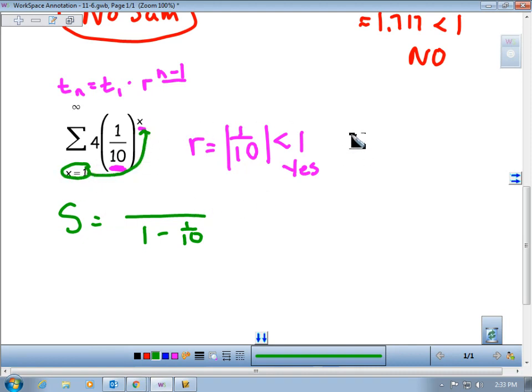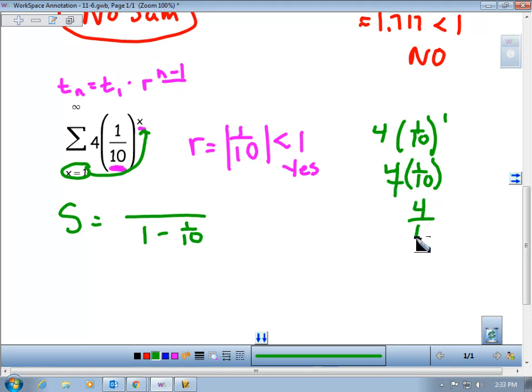So this is going to be 4 times 1/10 to the first power. What is 1/10 to the first power? Just 1/10, isn't it? What's 4 times 1/10? That'd be 4 over 10, which I think we can simplify to be what? 2/5. Yeah, absolutely.